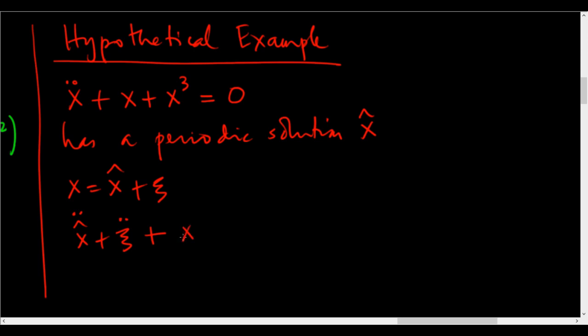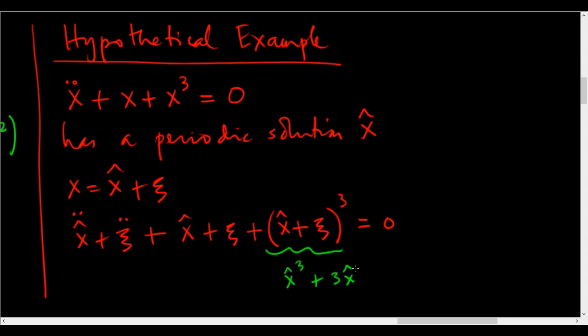So (x hat plus xi) plus, and over here I have (x hat plus xi) cubed. Okay, so now this is really what is 0, except this part here will be written as x hat cubed plus 3 x hat squared xi plus order xi squared.